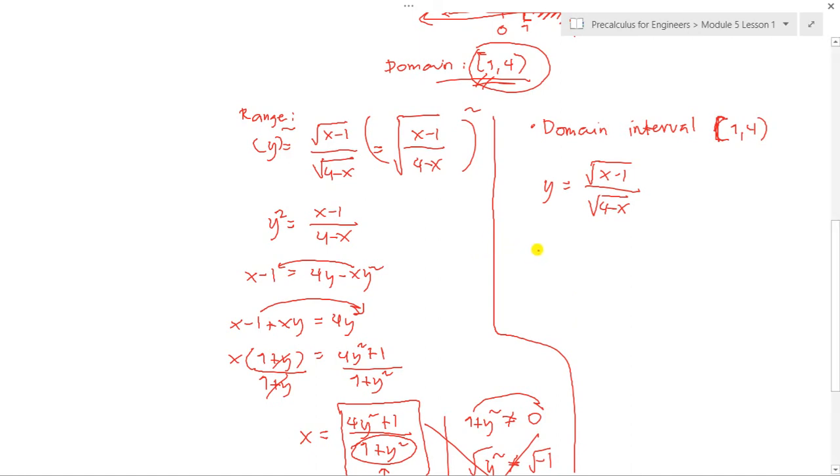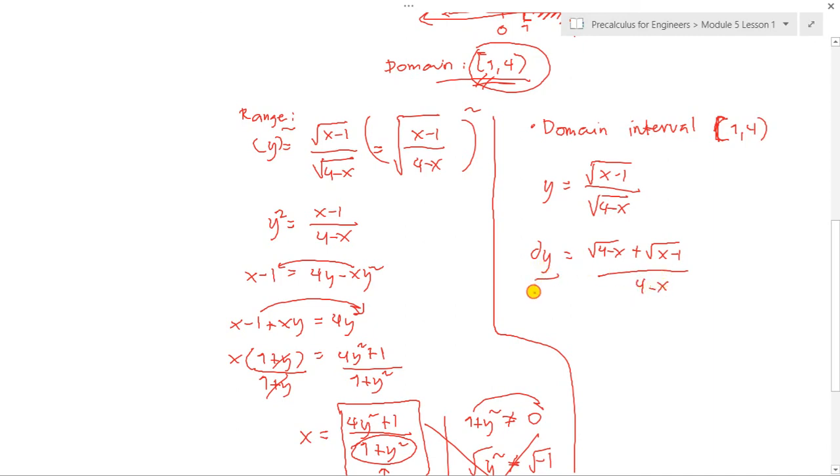So again class, let's say the derivative of y, of the form u dv plus v du, or v du minus u dv. So v du is square root of 4 minus x, then minus u dv, where u is square root of x minus 1 and dv is negative x, so that will be plus square root of x minus 1 all over v squared, that is 4 minus x.